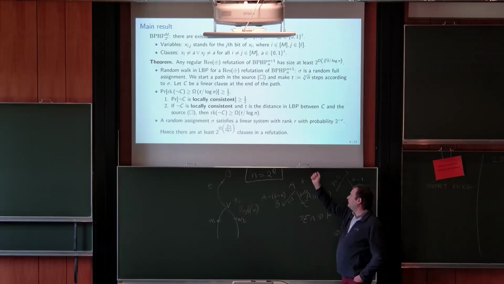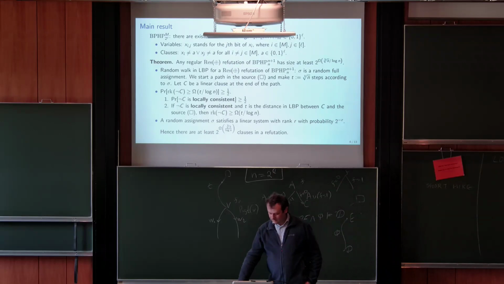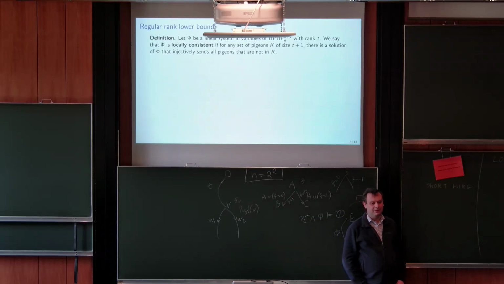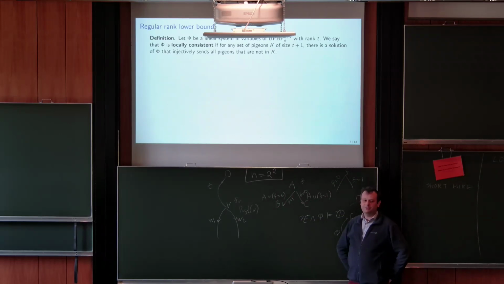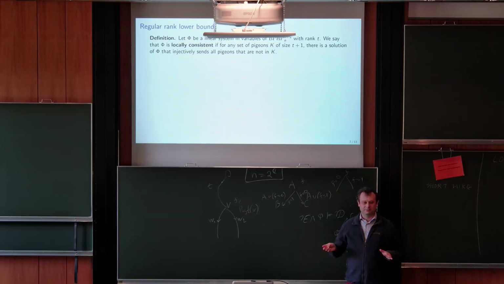We will start from the definition of locally consistent and from the second part. Let phi be a linear system over the variables of the binary pigeonhole principle, and assume that it has rank T. We say that this linear system is locally consistent if for any T+1 pigeon there is a solution of the system that injectively sets all other pigeons except this T+1.